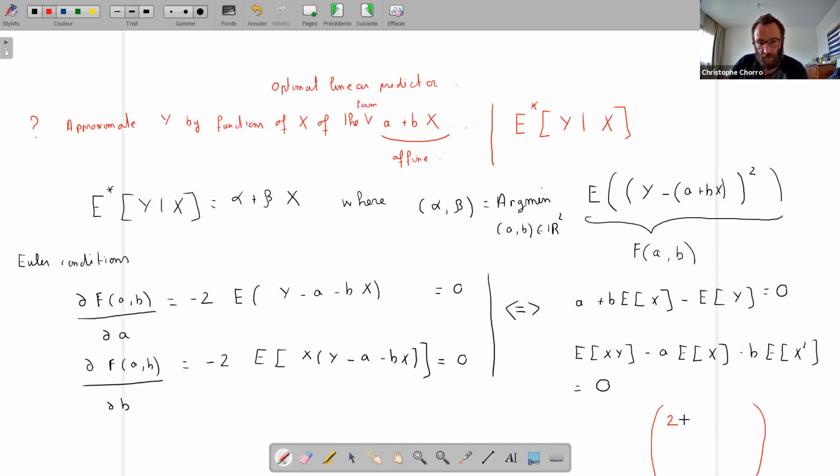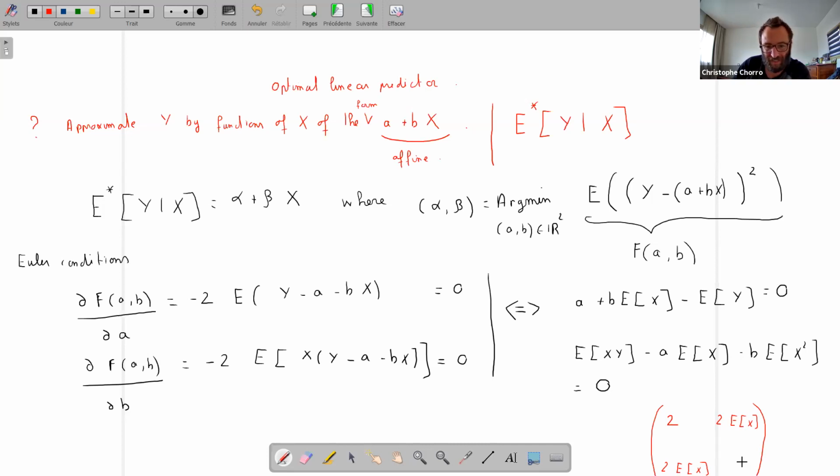The derivative with respect to B here of this one is what? I have -2 expectation of X, so 2 expectation of X. Here I will obtain also 2 expectation of X.